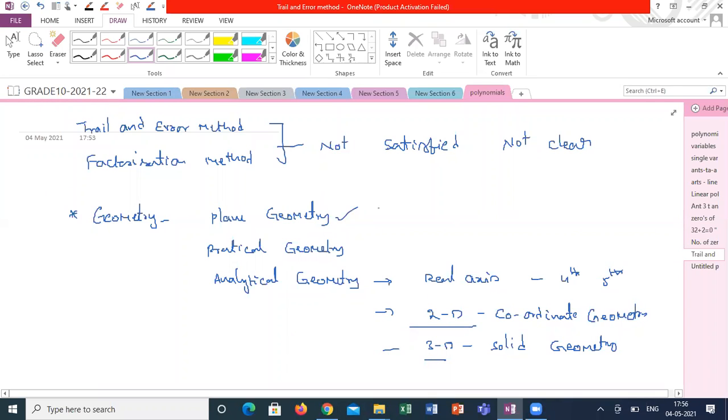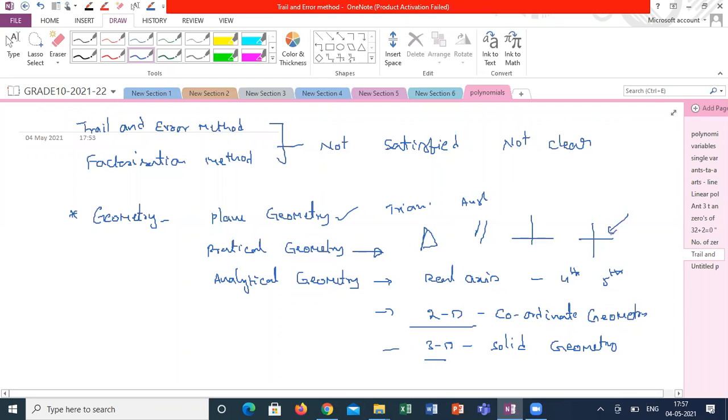Plane geometry means what we already did: triangles, angles, circles, all these things and different theorems. Practical geometry means how to draw a triangle, how to draw two parallel lines through a given point, how to draw a perpendicular line, how to bisect a line.